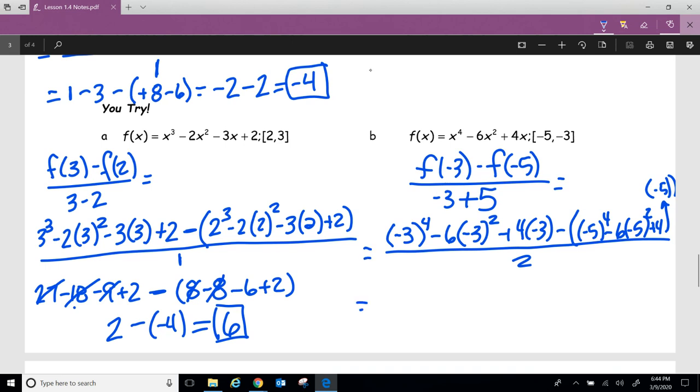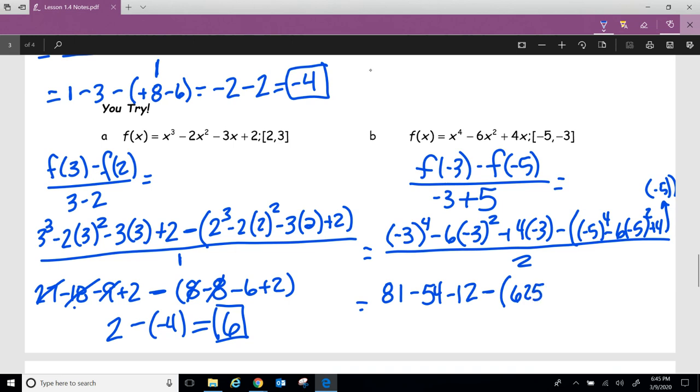Okay, so negative 3 to the 4th, that's going to be 81. Negative 3 squared is 9 times negative 6 is negative 54. 4 times negative 3 is negative 12. And then in my parentheses, negative 5 to the 4th is 625, if I'm not mistaken.